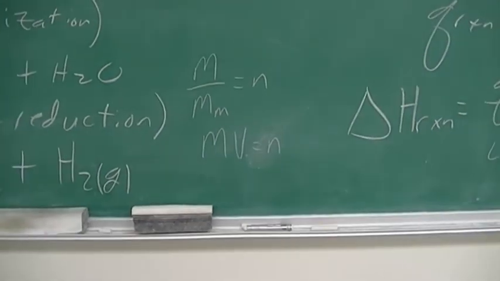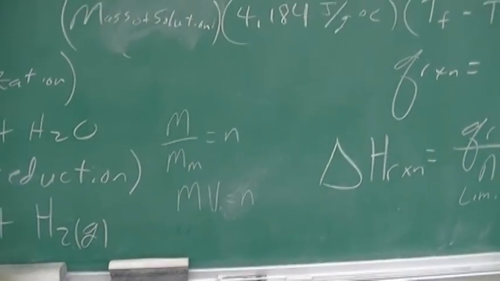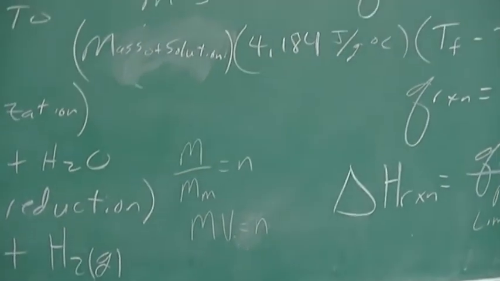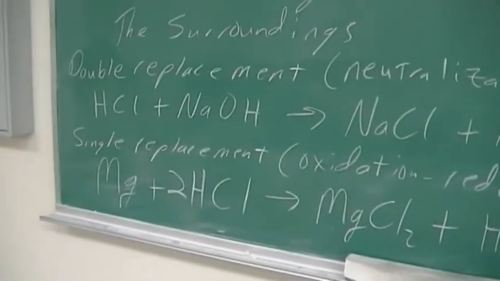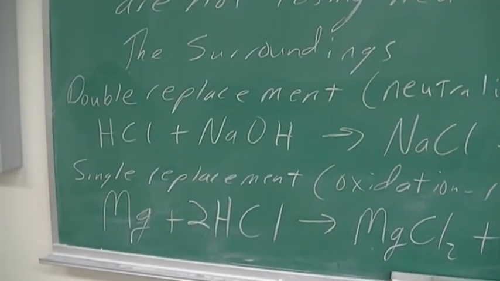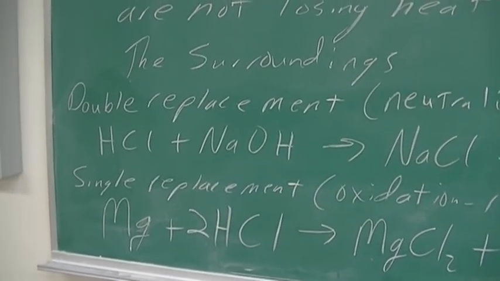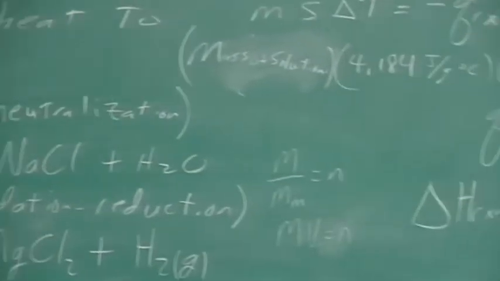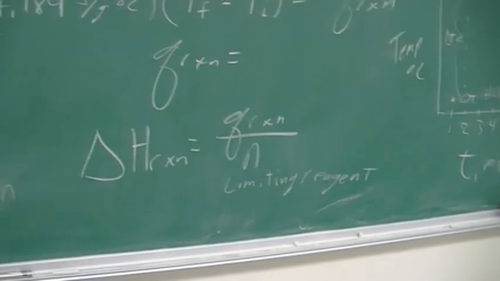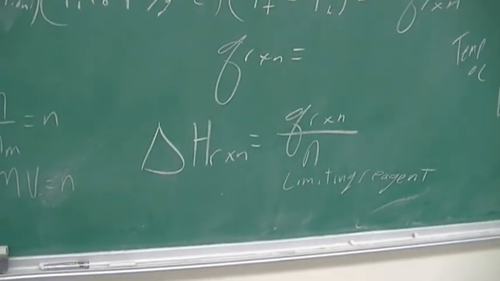Then the smaller number is going to be your limiting reagent when you're doing your first reaction, which is HCl and NaOH. Since it's a 1-to-1 mole ratio, simply the smaller number of moles is your limiting reagent, and you simply put that number in and you will calculate your delta H.